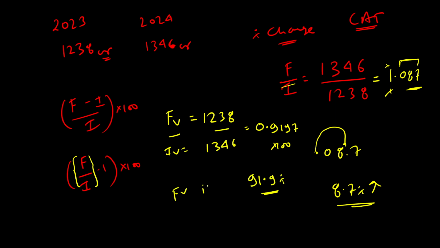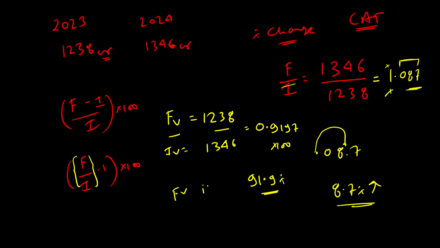You can apply this kind of thought process whenever the numbers are difficult to work with, in quant as well as in DI. Always divide final by initial. If the ratio is below 1, there's a percentage decline. If the ratio is above 1, there is always a percentage increase. How much increase? Look at the decimal, make it 100 times. How much decline?